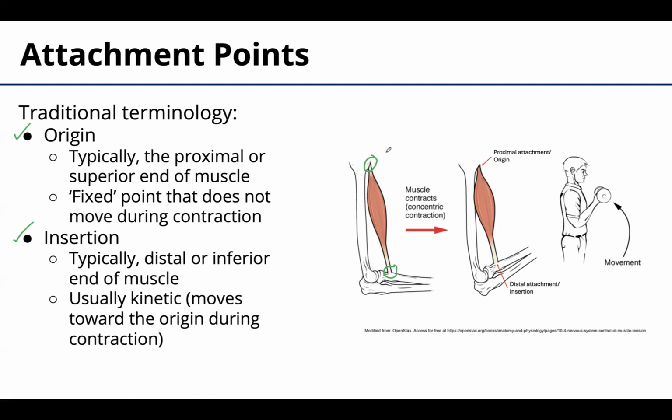The origin is going to be more proximally located on the wrong bone, unfortunately, in this image, but it still gets at the concept. The insertion is going to be on the more distal portion, and this specifically is the radius. And with flexion of the elbow joint, that insertion will move towards the origin.